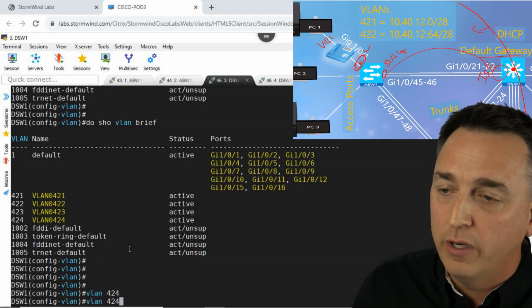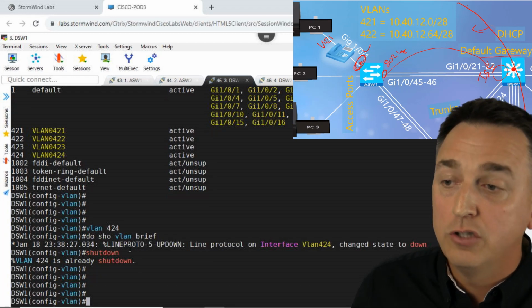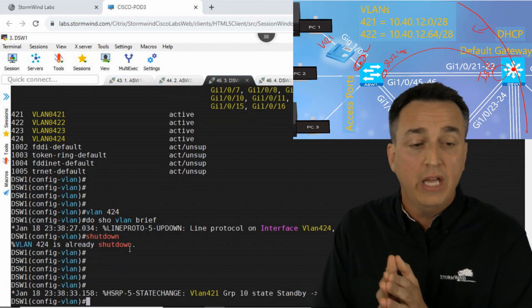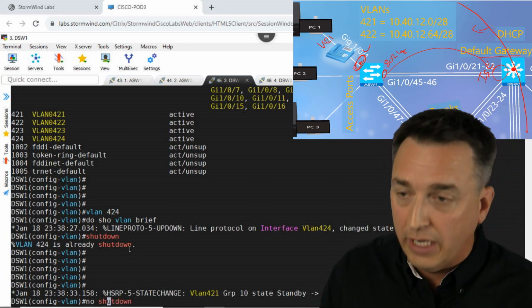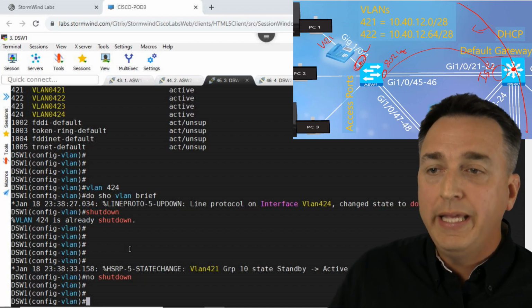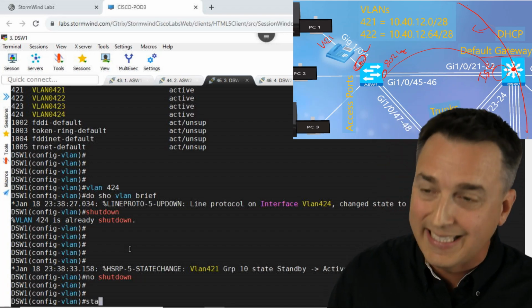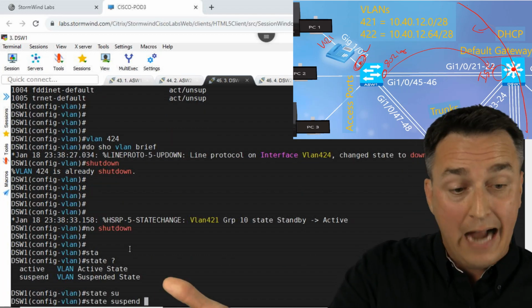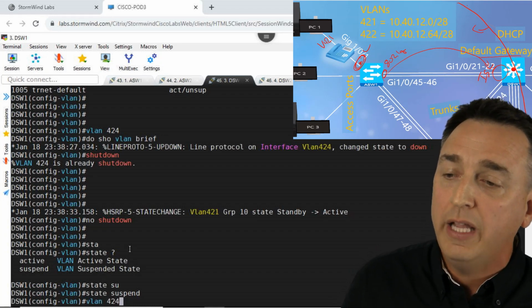So VLAN 424, we shut it down, right? That also affects any interfaces that are associated with that. Also, if we say no shutdown, I'll bring it back up. What we can do is we can actually suspend a VLAN. So for example, if we type in state and we type in suspend, there's active versus suspend. Then we type in do show VLAN brief.